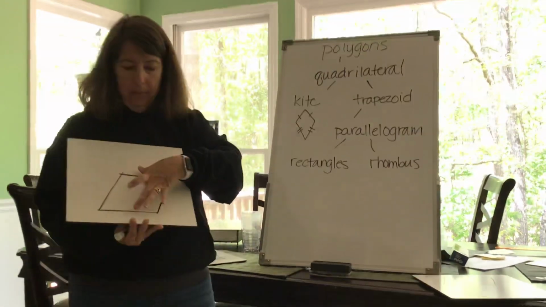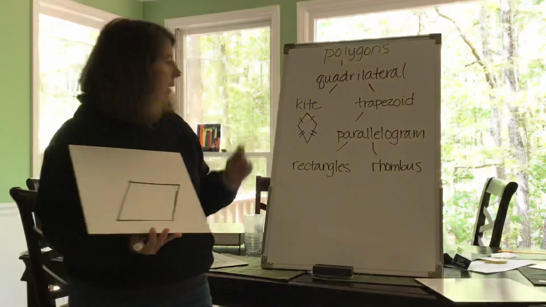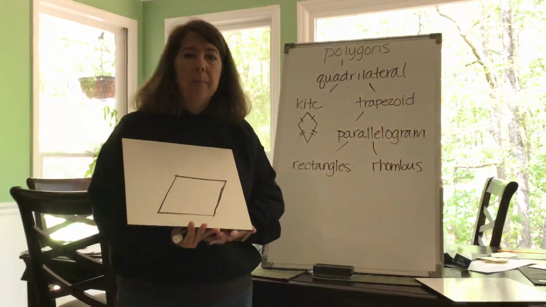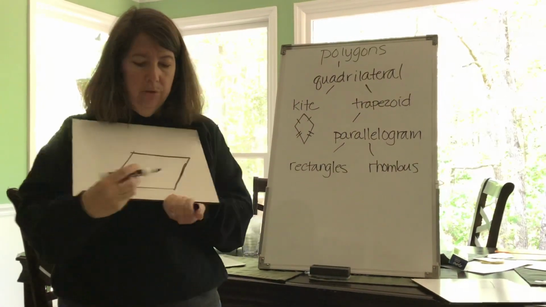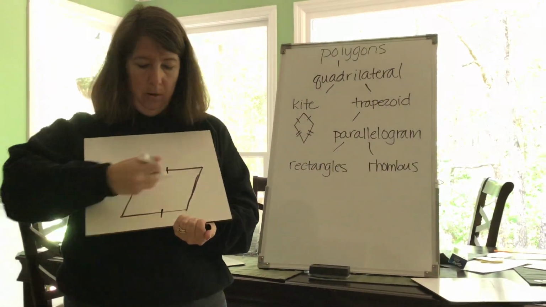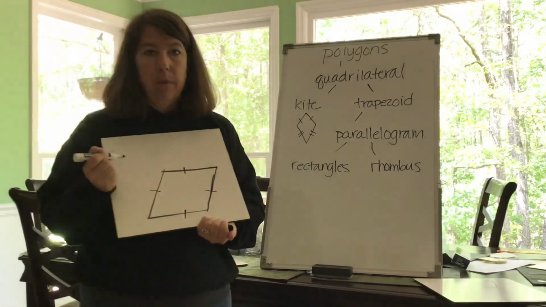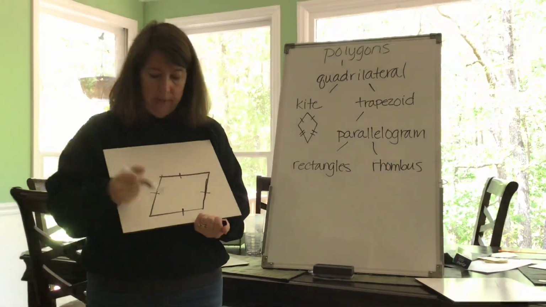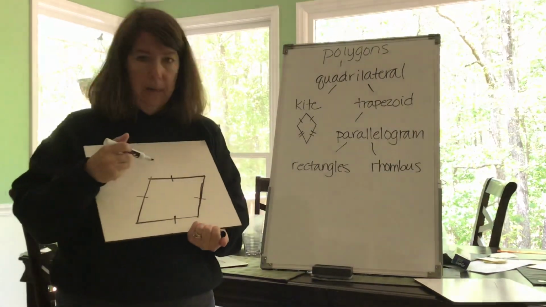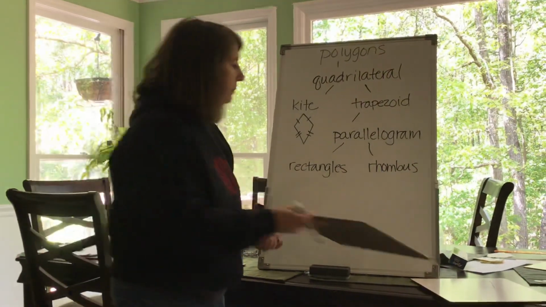The top and bottom are parallel, and the left and right are parallel. What makes it a rhombus is that all of these sides are the same length. So that means the top and bottom, along with the sides, all are the same measurement. It kind of looks like a square that somebody pushed a little bit because these are not 90-degree angles, but this would be a rhombus.